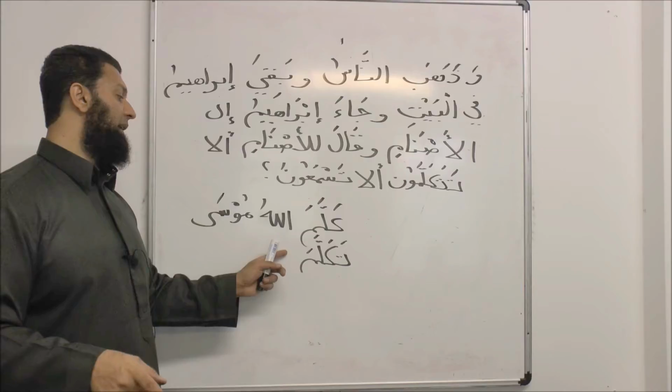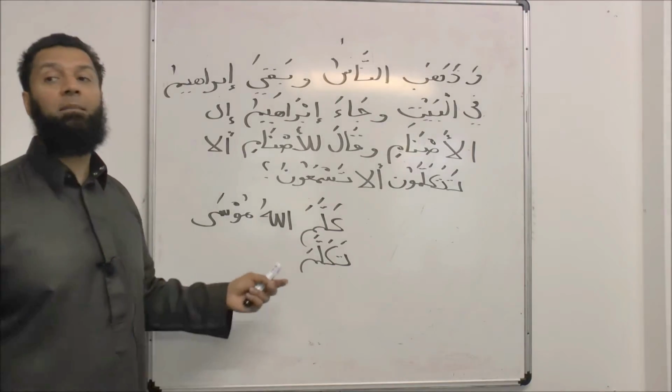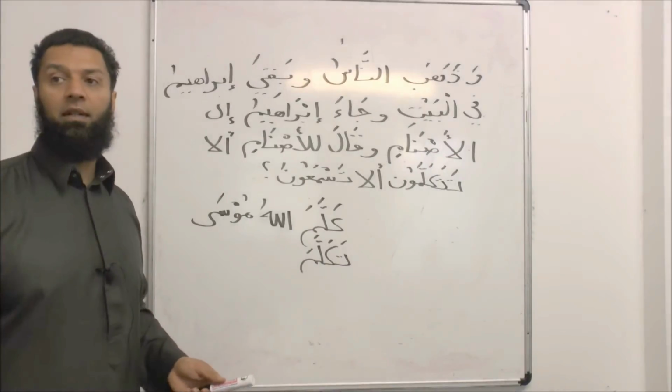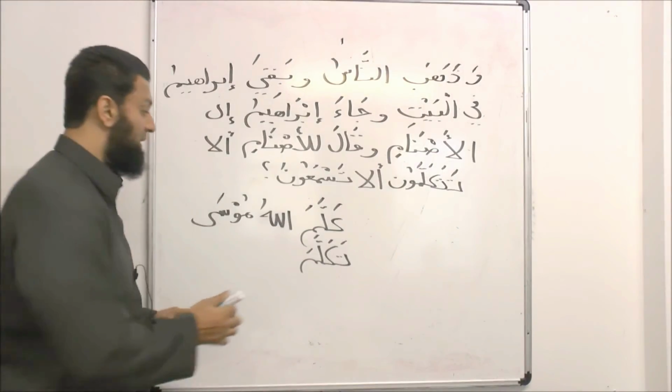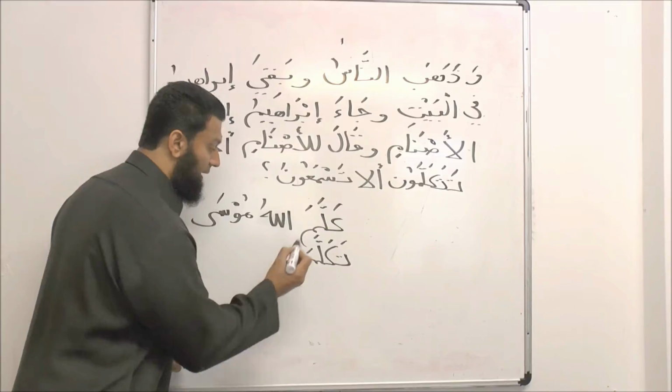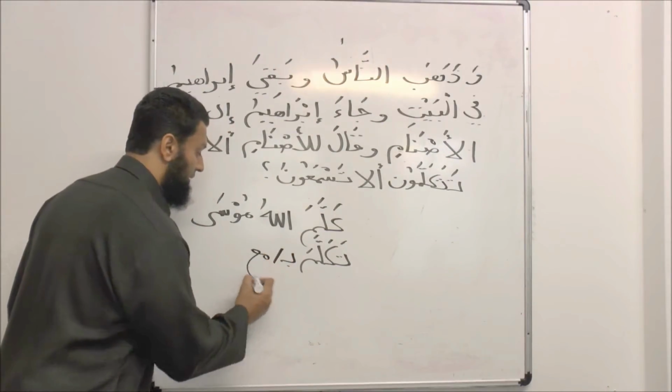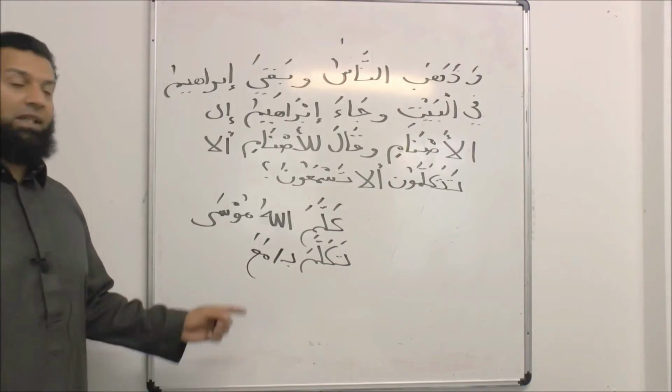So the difference in كَلَّمَ and تَكَلَّمَ is? It doesn't take a direct object, does it? We have to use either bi or ma'a. We did explain this.